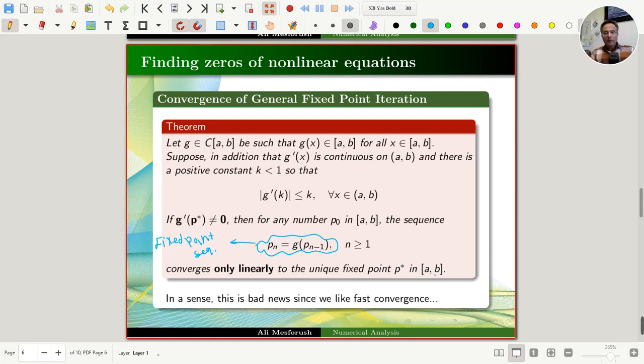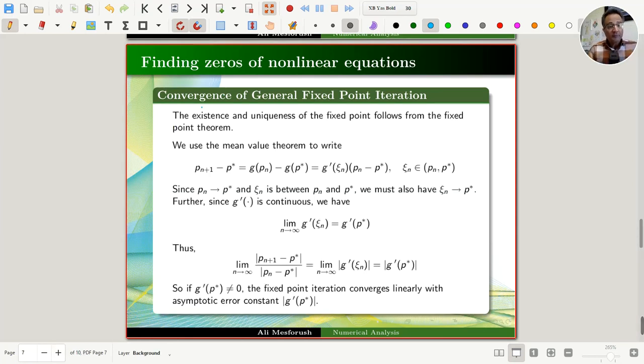Now, for the proof of this theorem, the first part, in fact the existence and uniqueness of the fixed point, has been proved in the previous lectures. It just remains to prove that the limit of absolute value Pn plus 1 minus P star over absolute value Pn minus P star to the power of 1 equals something, lambda.